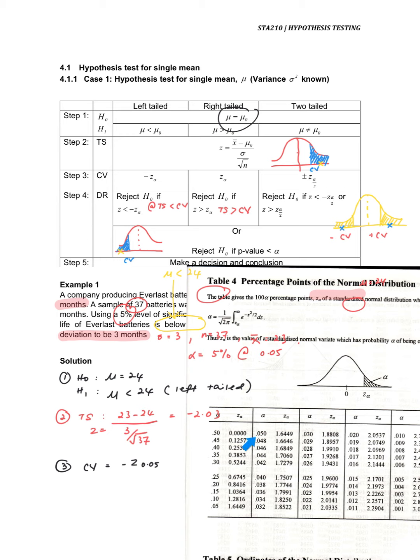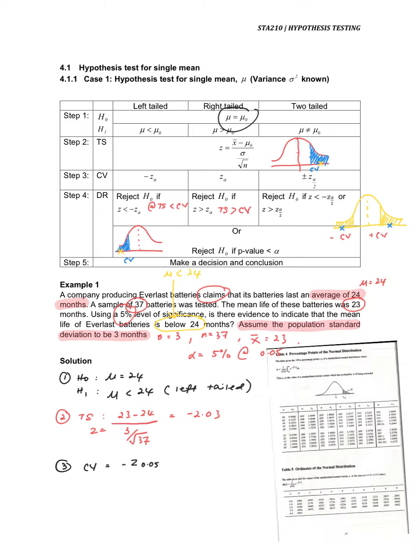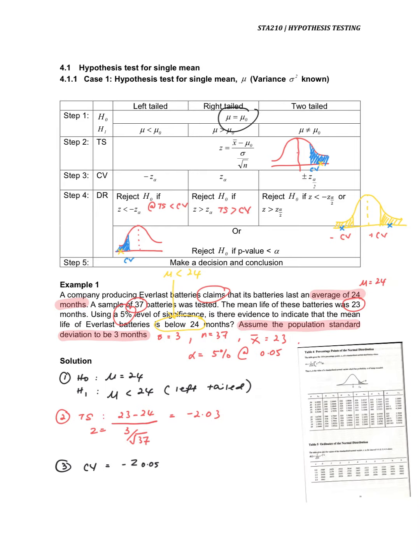So you will locate the value of Z 0.05 is 1.6449. Okay, so the value is 1.6449. So don't forget to put the negative sign, negative 1.6449.